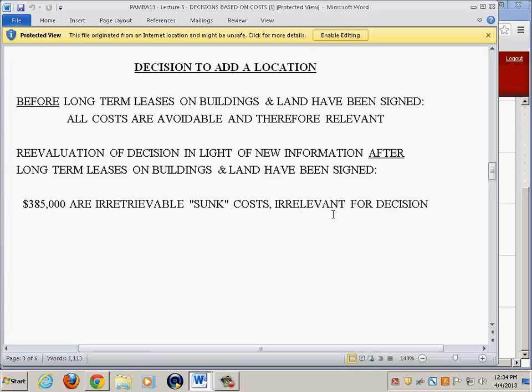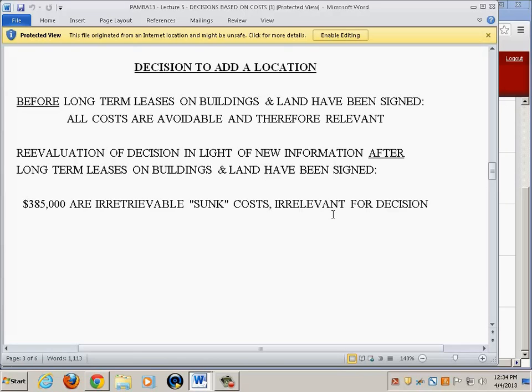Let's assume that you thought that it's attractive operationally to open the location, and then you get new operational data about demand, which is much more grim and makes you reassess that it's not worthwhile to add this location.